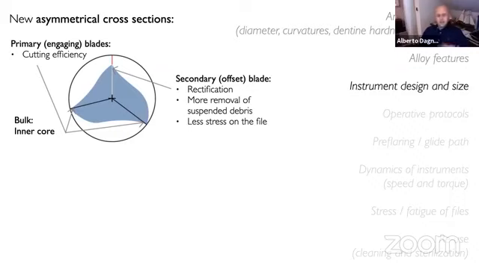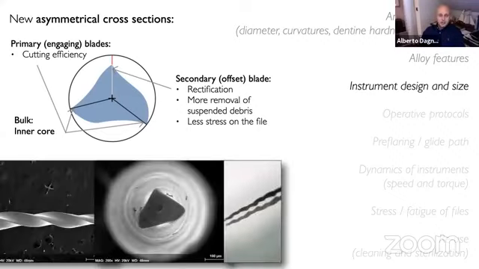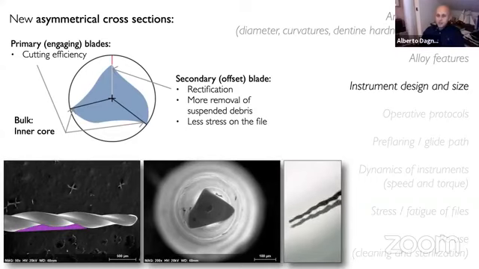Today, the tendency of the market and of the manufacturers is to produce asymmetrical cross-section files, so files with some primary blades made to cut the dentin and other secondary blades that theoretically don't contact the dentin walls, and reduce the friction of the file inside the root canal and give much more free space for debris elimination.